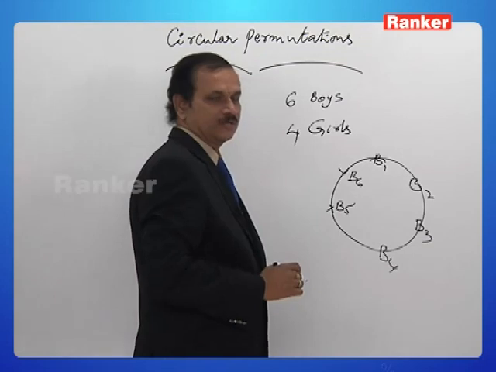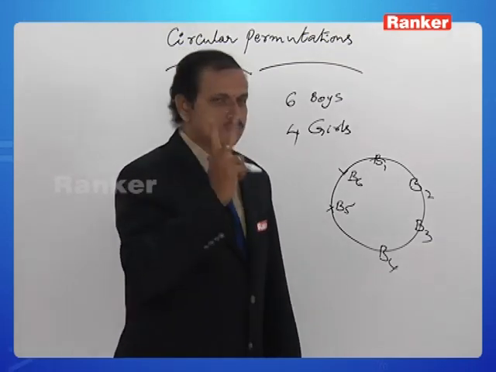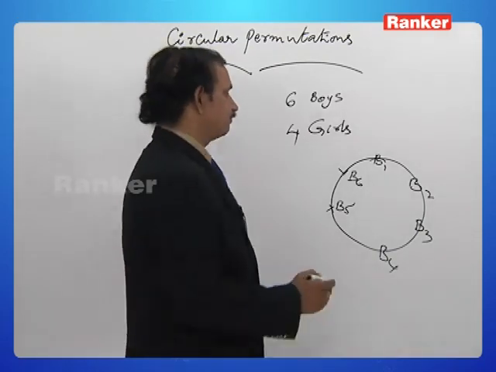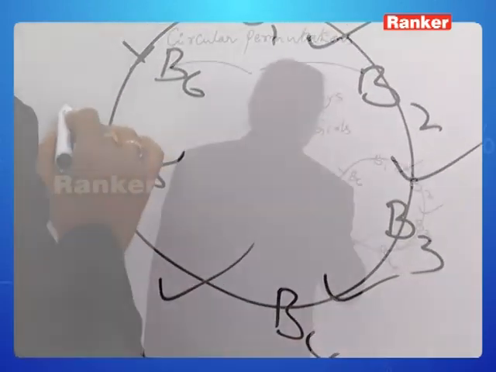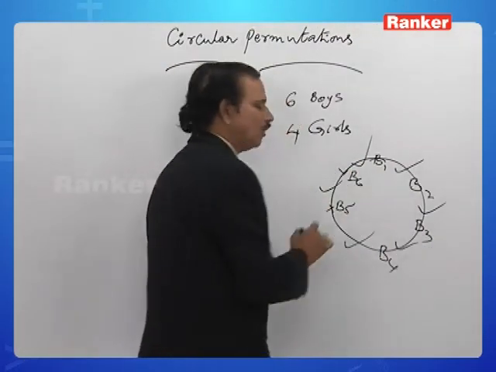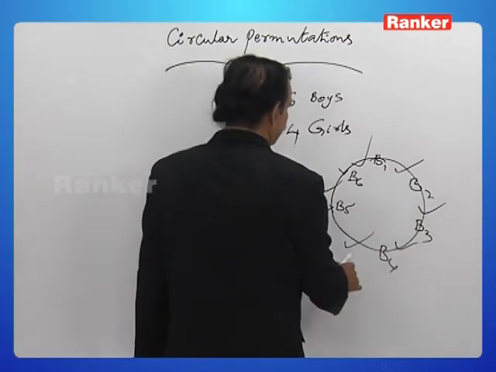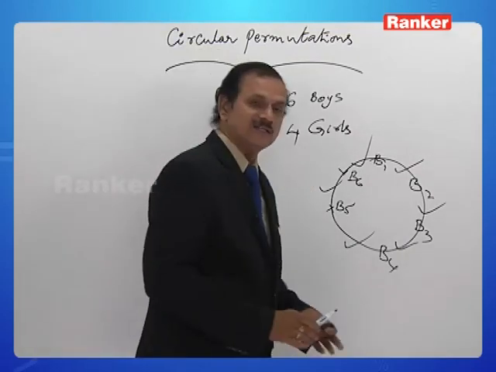What is the condition given for those girls? No 2 of them should come together. So they must be arranged in the gaps between the boys which were already arranged. How many gaps are there? 1, 2, 3, 4, 5, 6. 6 gaps are there, 4 girls are there.